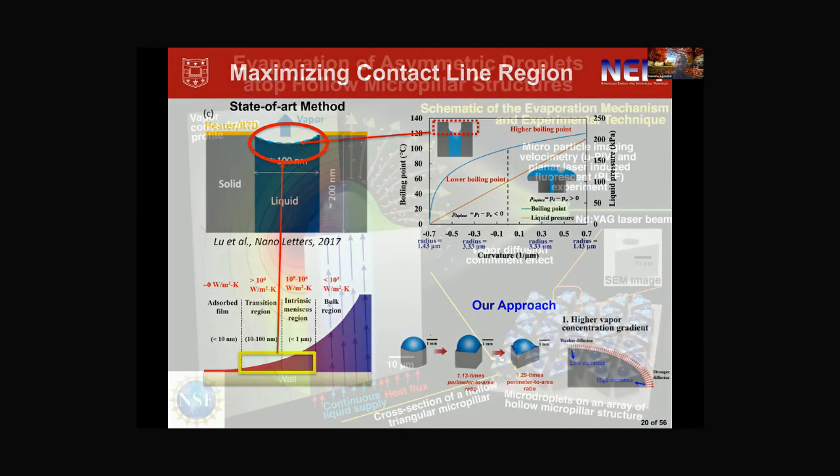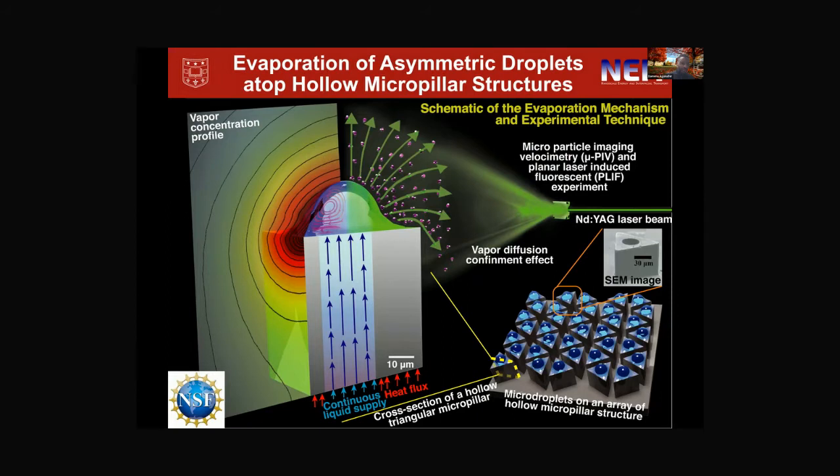And so really this was the basis of my early career award, where we were looking at evaporation mechanisms through hollow micropillar structures, both single hollow micropillar structures and an array of hollow micropillar structures. There's actually different behavior. The idea is that with a constant pressure microfluidic system, we're able to maintain a droplet, either hemispherical or asymmetric, of constant size and shape.